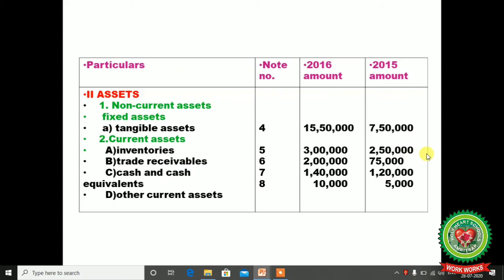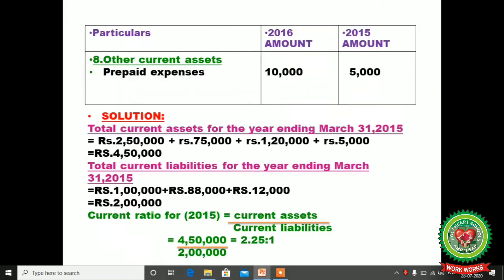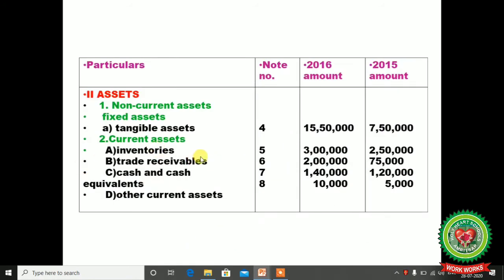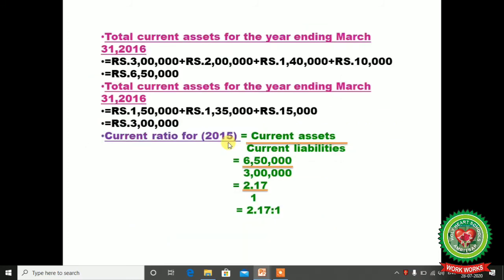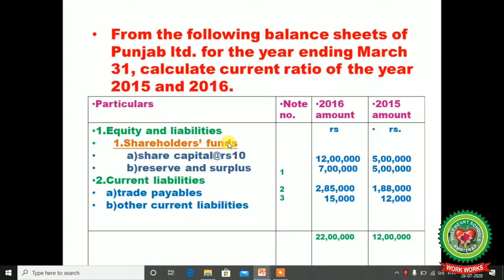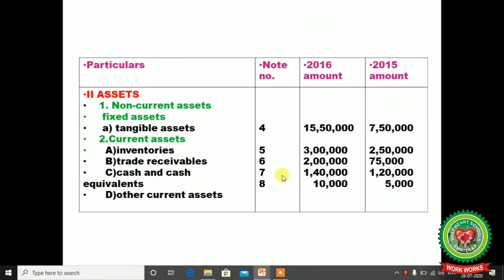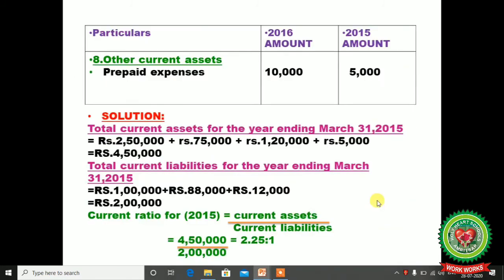Inventories 2,50,000, record 2,50,000. After this, trade receivable 75,000, record 75,000. And after this, record cash and cash equivalent 1,20,000, and at the end other current assets 5,000. Add up. Now here 4,50,000 is the total current assets.